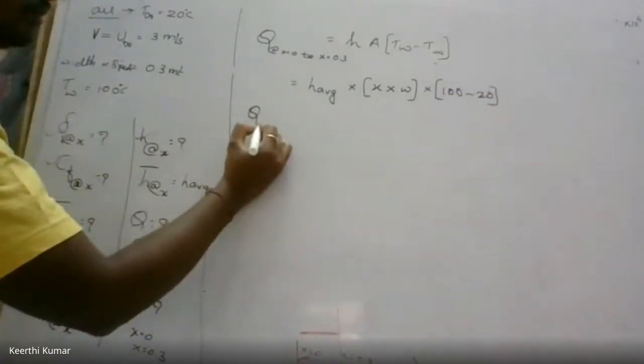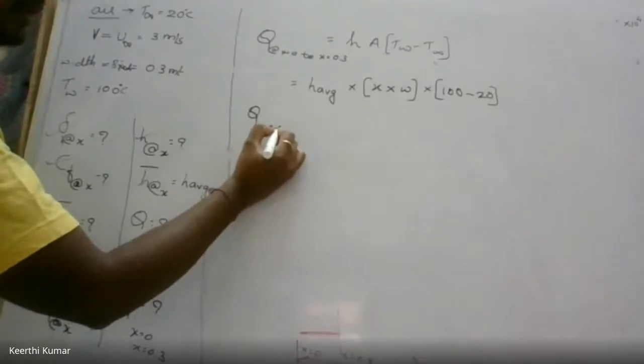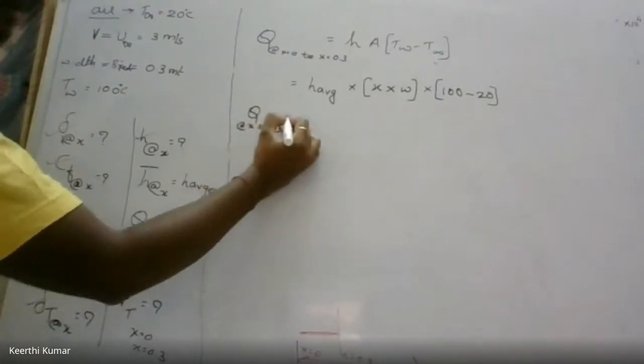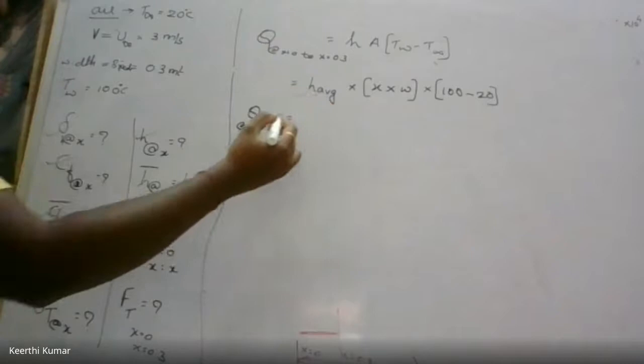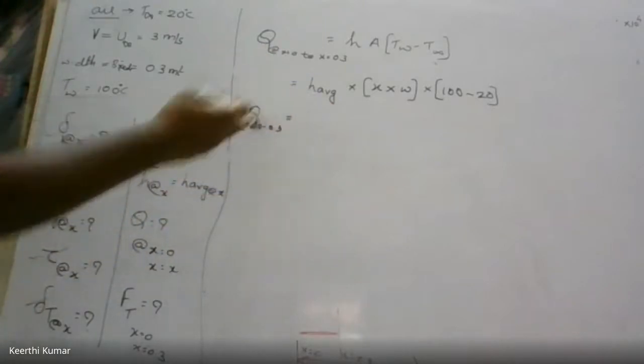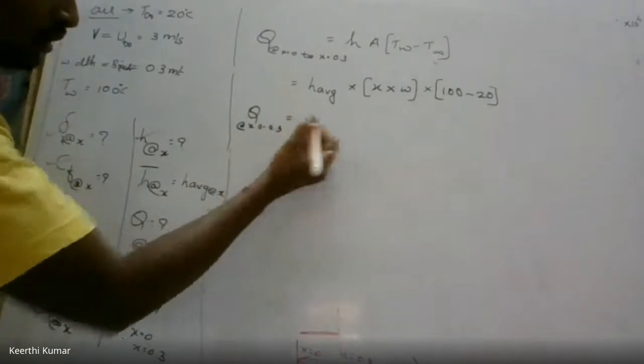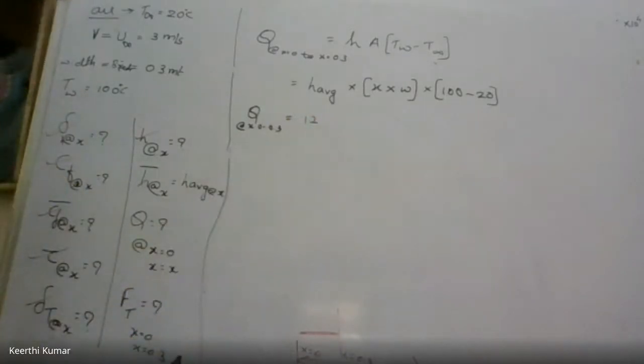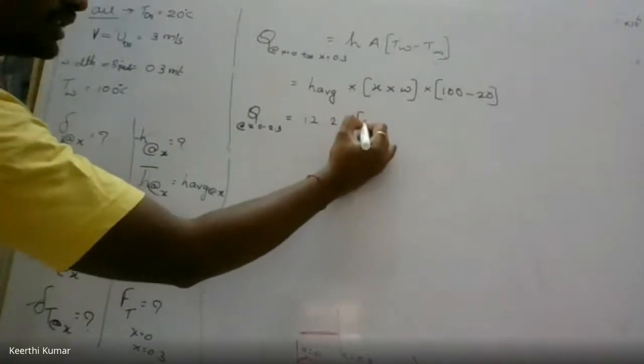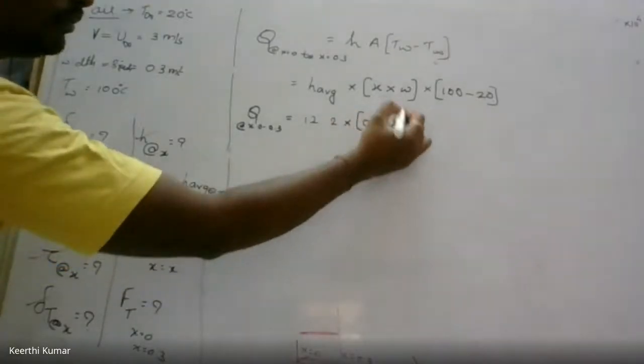So Q from x is equal to 0 to 0.3 is H average, which we got just now. H average is 12 point, I forgot the answer. 12.2, sir. 12.2 into x is 0.3, into width is also 0.3 now.